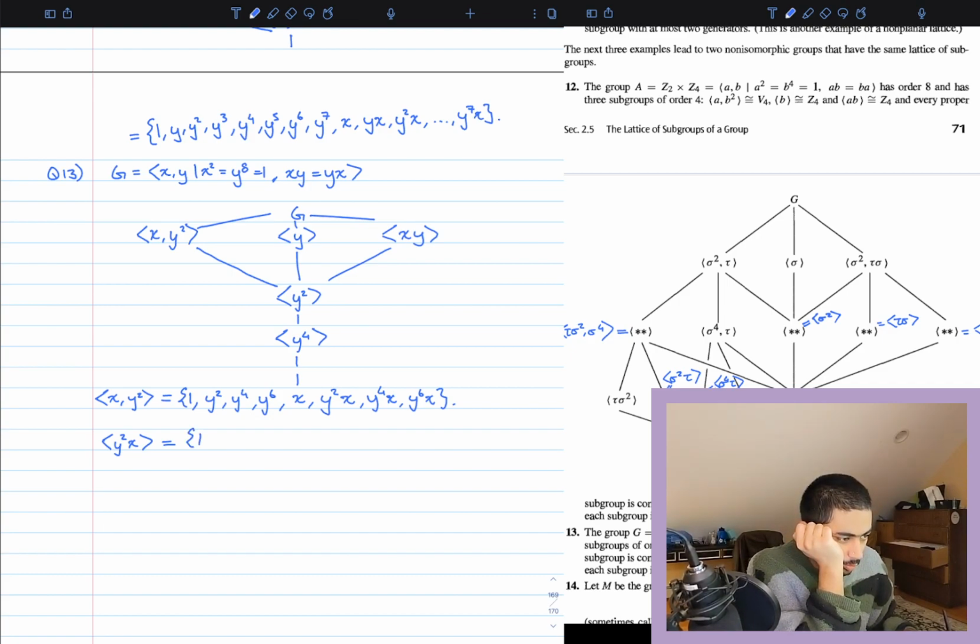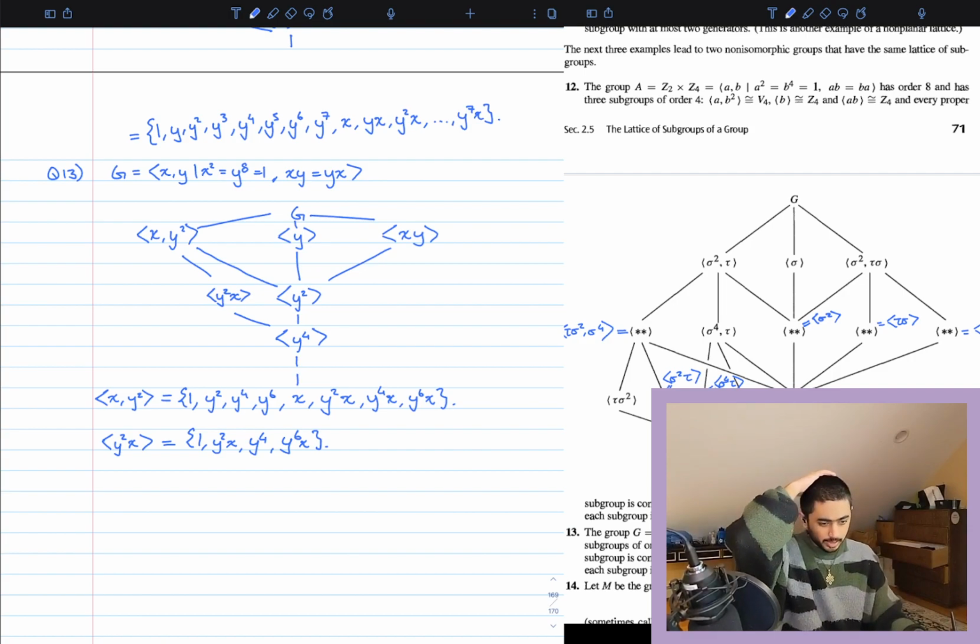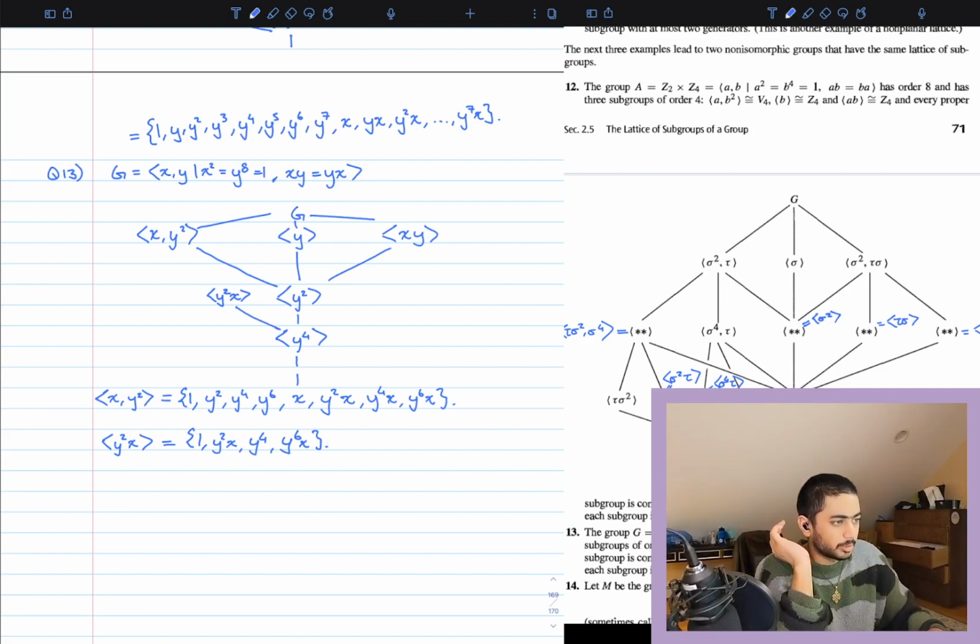So this has got 1, it's got y squared x. The next power of y squared x should be y to the 4 x squared, which is just y to the 4. Then comes y to the 6 x, and that's it. So this is also a cyclic group. So I'm going to stick it over here, y squared x, and then put this here and put this here. There, I think that works. Just want my lines to be better. Okay.